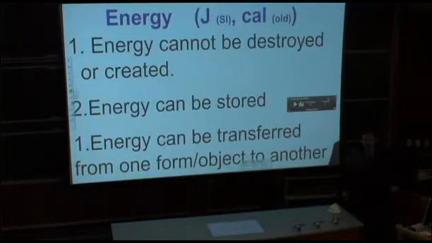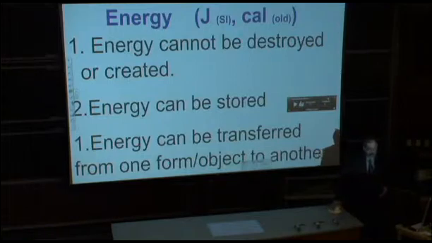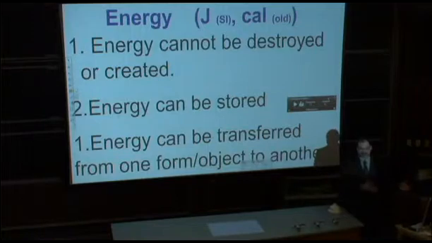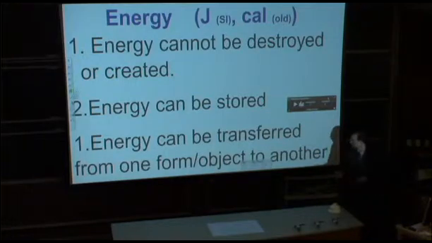But now, no matter what's happening, the energy cannot be destroyed or created from nothing. It only can be stored and then transferred from one object to another object, from one system to another system, from one form into another form. There are many different forms of energy. And we're going to talk about mechanical energy first.